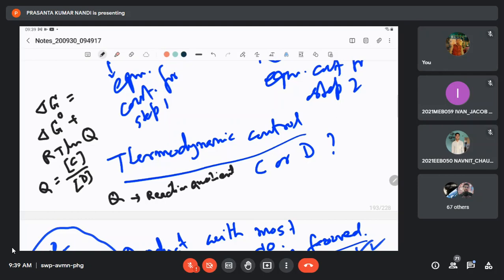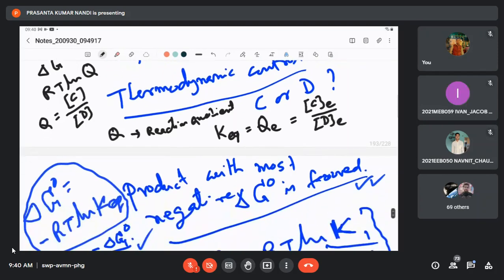We say the equilibrium constant K equilibrium is equal to Q at equilibrium. That means the concentration of C and D are equilibrium concentrations, and the reaction quotient at equilibrium we call the equilibrium constant K eq. Here a relation exists.